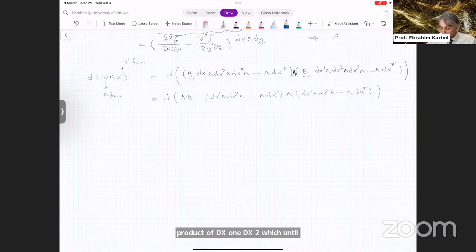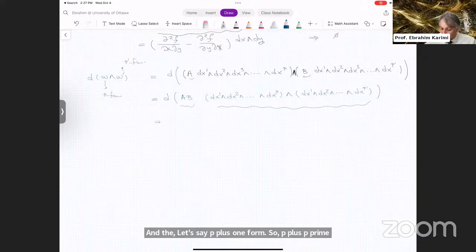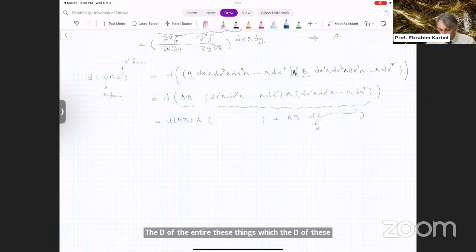This looks like a scalar times a p plus p prime form, and you take the derivative of that, and essentially you will get two results: the derivative of a and b wedge the form, plus ab times the d of the entire form, which will be equal to 0 because of the Poincaré lemma we just discussed.